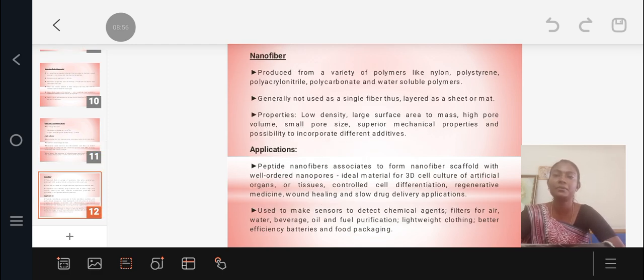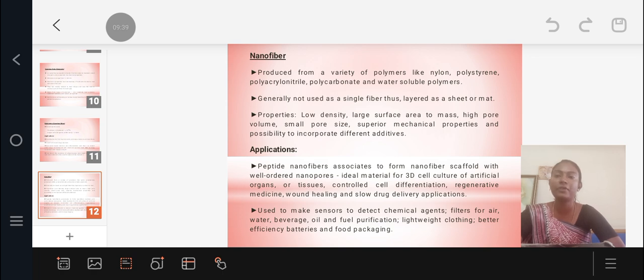Next, nanofiber. Produced from a variety of polymers like nylon, polystyrene, polyacrylonitrile, polycarbonate and water-soluble polymers. Generally not used as a single fiber, thus layered as a sheet or mat. Properties of nanofibers: low density, large surface area to mass, high pore volume, small pore size, superior mechanical properties and possibility to incorporate different additives.